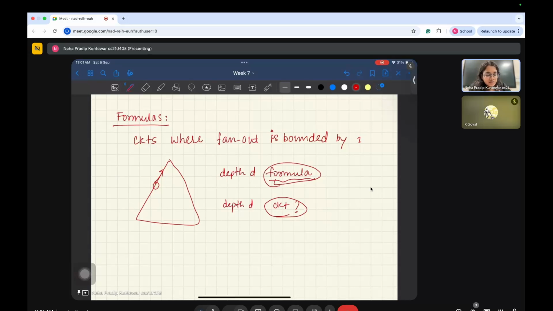So the question is, can there be functions that can be computed by a depth D circuit but not a depth D formula?